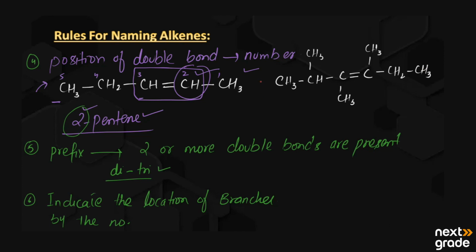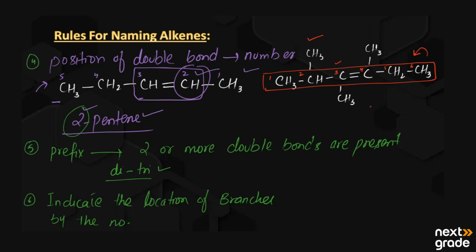So here the parent chain is this one, which has the double bond and is the longest chain, with carbons 1, 2, 3, 4, 5, 6. We will start the numbering from this side, where the substituents have the lowest numbers, and the double bond also gets number 3 because if I start from the other side it also gets number 3. So 1, 2, 3, 4, 5 and 6.